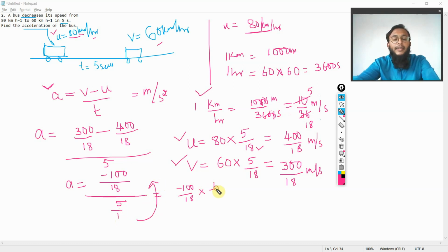So I should multiply this by 1 by 5, and now this cancels. 5 ones are 5 and 5 20s are 100. So acceleration is equal to minus 20 by 18 meter per second square. Remember, the SI unit of acceleration: a is equal to minus 20 by 18 meter per second square.